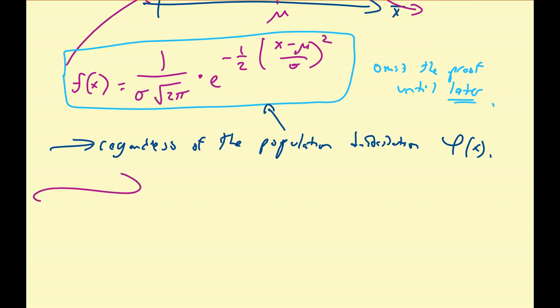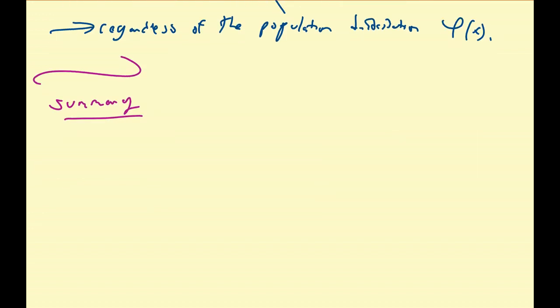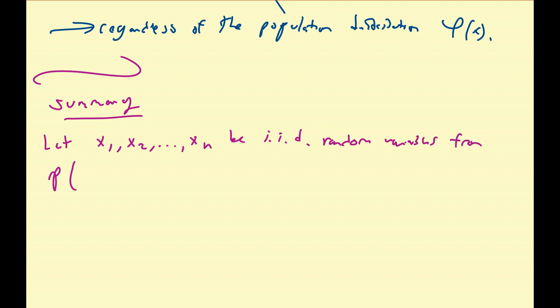So let us summarize these concepts and give a last discussion of its consequences. Let x1, x2, all the way out to xn be independent and identically distributed random variables from a population P that has mean mu and standard deviation sigma, and x bar being the random variable defined by the sum of all our x values xk, where k is ranging from 1 to n.